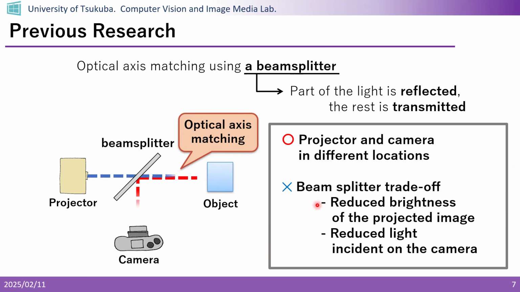The advantage of this method is that the projector and camera are located at different places. The disadvantage is that there is a trade-off between the reflection and transmission of the beam splitter. It is difficult to ensure both the luminance of the projected image and the amount of light incident on the camera.